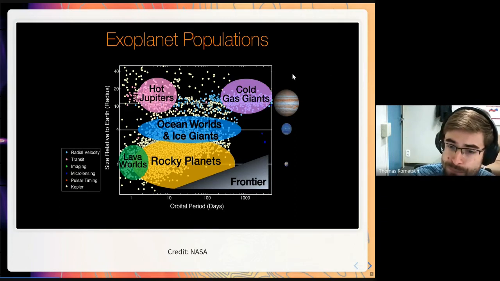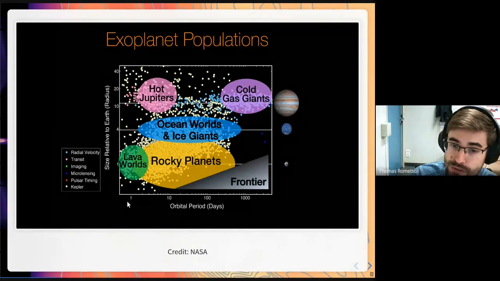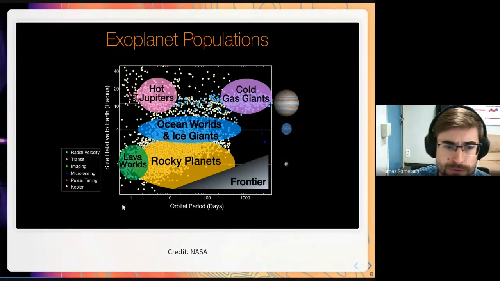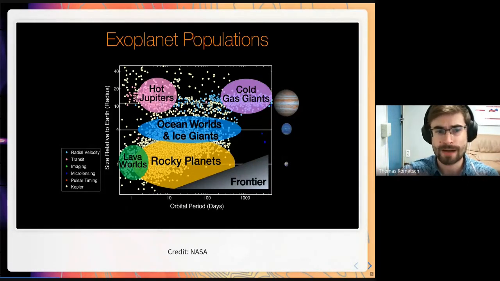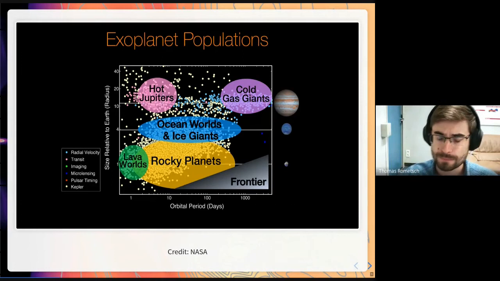It's a diagram of planets found, with orbital period in days versus size relative to the Earth. Now, this can be the radius or the mass of the planet, with the axis a little bit scaled, of course, but the general overview is the same.